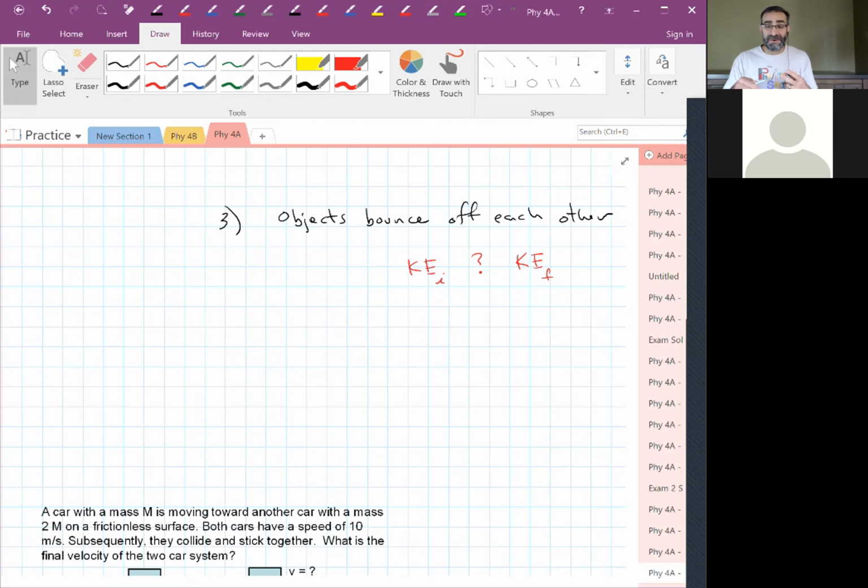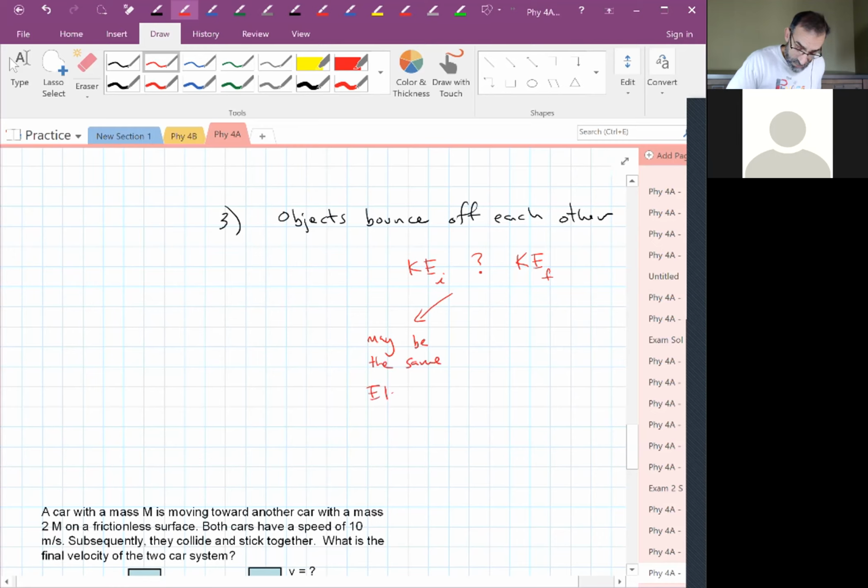You solve for the velocity before and afterwards, and you find the kinetic energy before and the kinetic energy afterwards and see if they're the same. Those are the only two ways you know. So it could be, in this case here, that it's elastic.